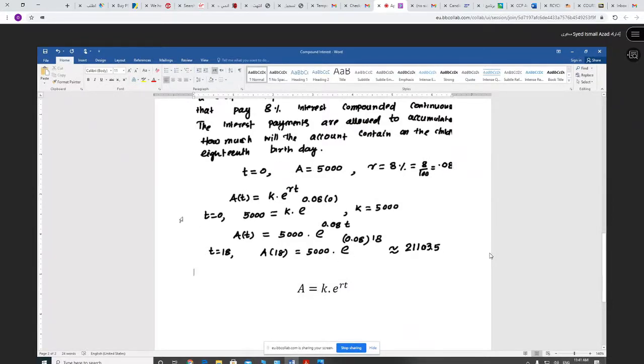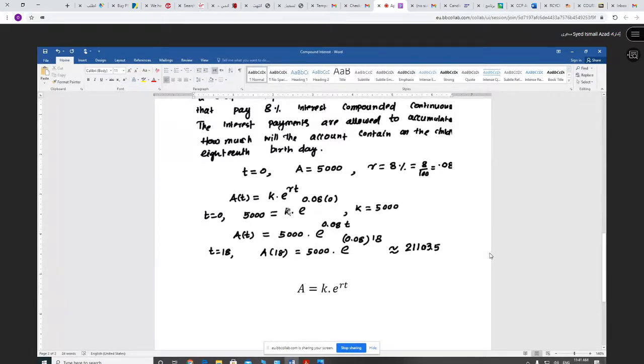So 5,000 equals K times e power RT, that is e power R, where R is 0.08, times time. Time here is 0.